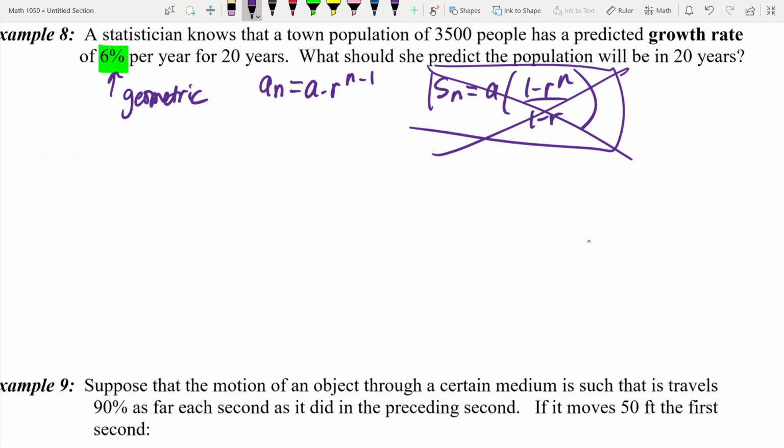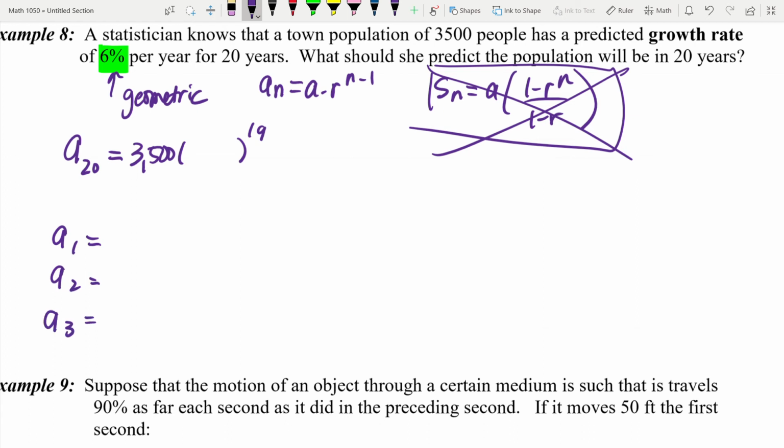So they want 20, so a sub 20 is the first year, which is 3,500, times the ratio, which I don't know, raised to the 20 minus 1, which is 19. Now let's come over here and go a sub 1, a sub 2, a sub 3.